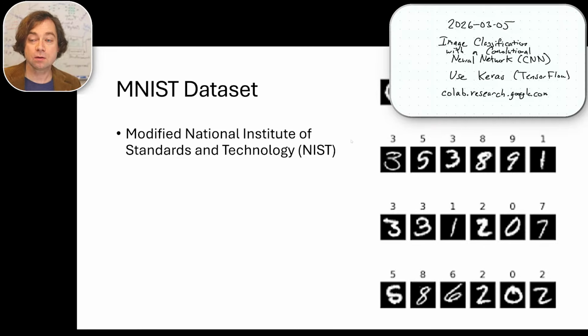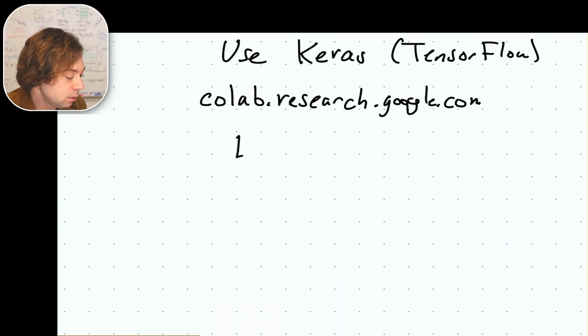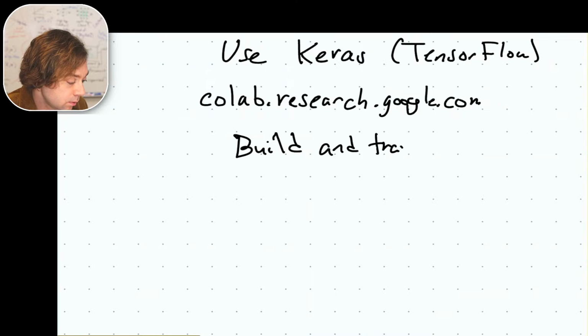Thankfully, this is all pretty well built into Keras. It's such a common example, so it shouldn't be too hard to follow along as we're putting it together. It's going to be the same kind of process where we're going to build and train a neural network.